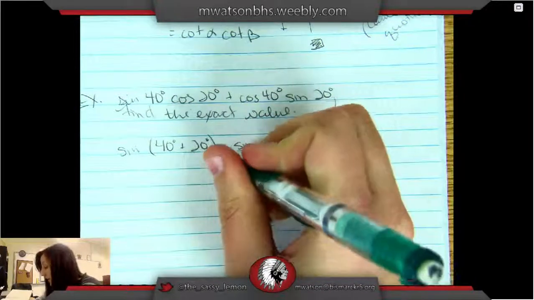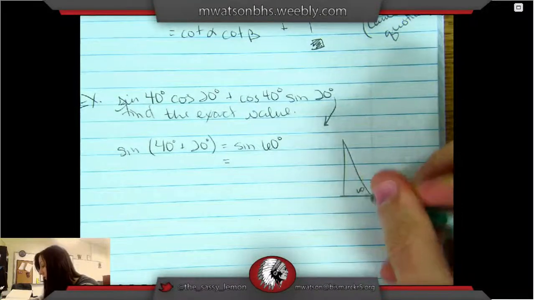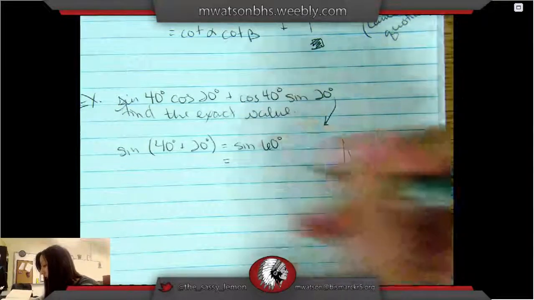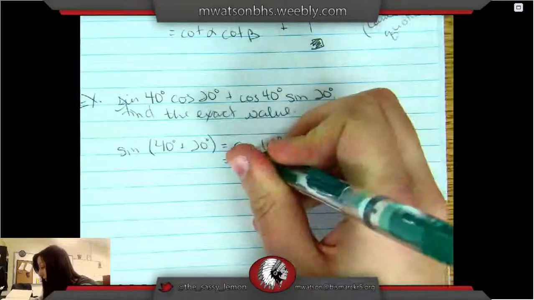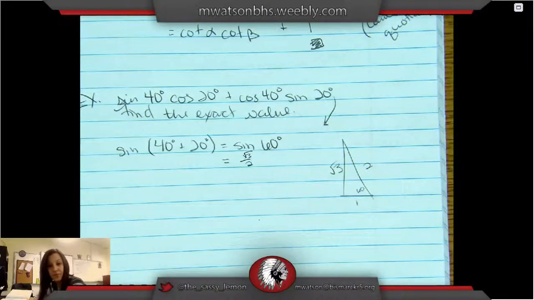And sine of 60, well, you should know that from your special triangle, is going to be 1/2. No, square root of 3 over 2. I lied. And that's it.